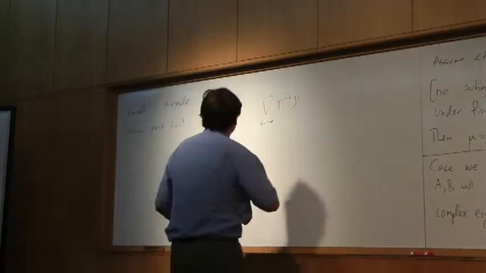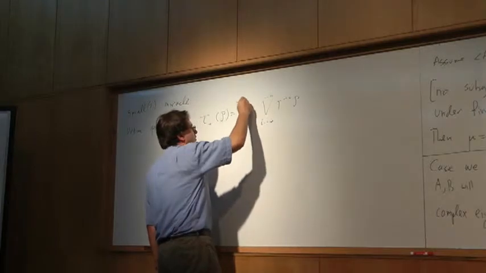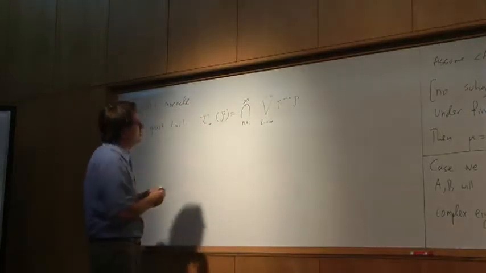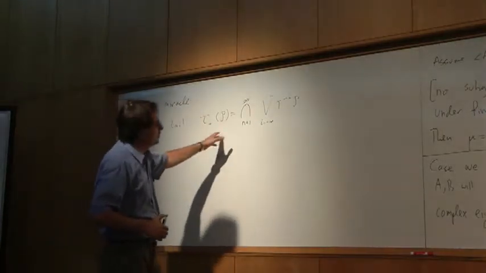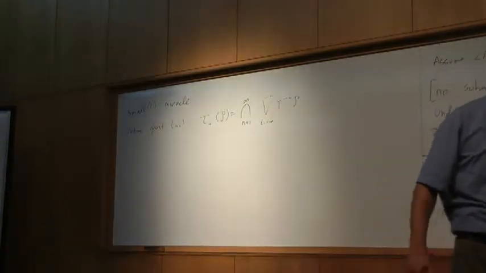And now I take this intersection over all n. Okay, this is one tail. This is all things you could determine from knowing where T^(-k)x is for k large.